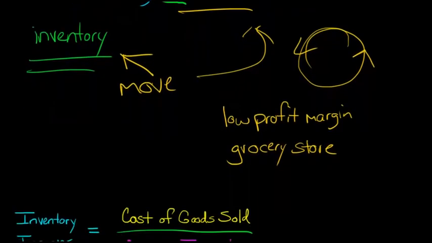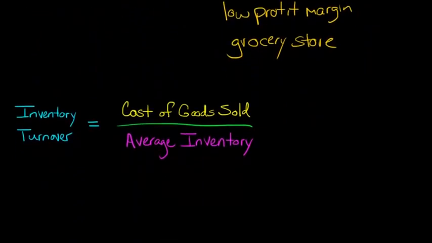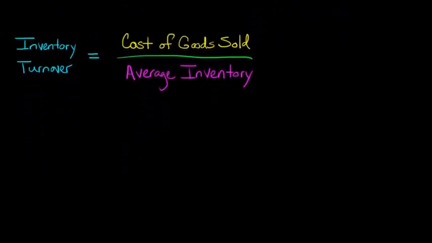So we've got the formula here for calculating inventory turnover. Basically we're just going to take cost of goods sold and divide it by the average inventory for the period. That's not that difficult. Let's put some numbers to this and work through an example. We've got some beginning inventory, let's say that's $2,500.